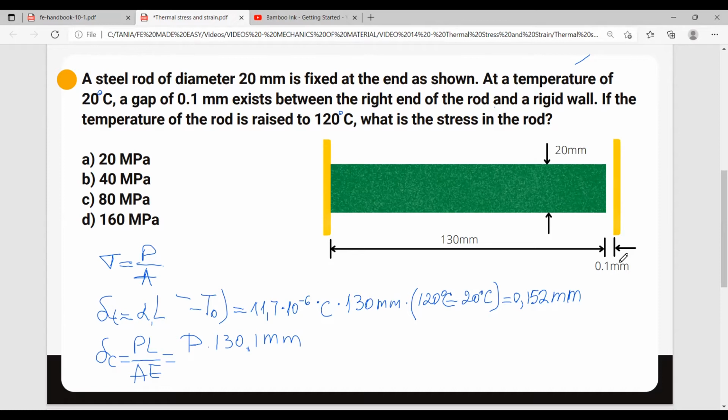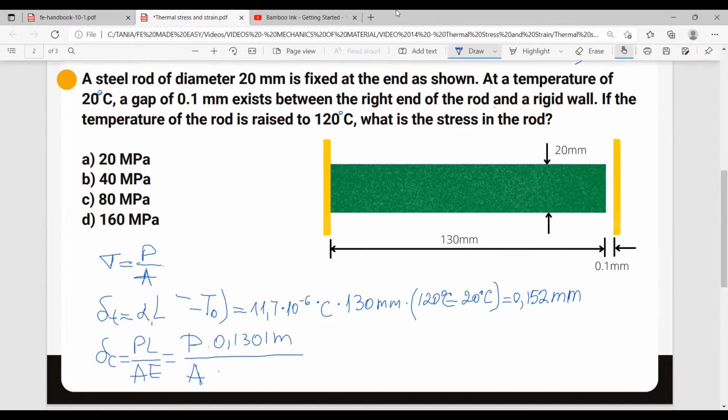So let's transform 130.1 millimeters into meters. You just divide it by 1,000. So you get 0.1301 meters. The area is the cross-section area of the rod, but I will write it for now as a symbol. I'll tell you why a little bit later.